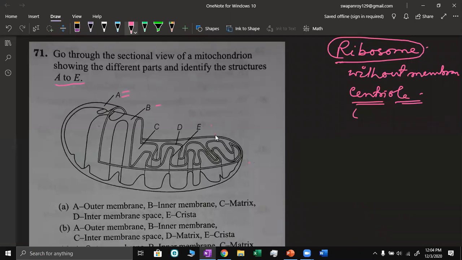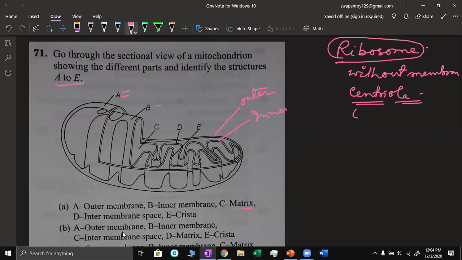Actually, if it was drawn this way, this one is outer, this one is inner. So this is the inner membrane, and then the outer membrane, and C is the matrix, the mitochondrial matrix.